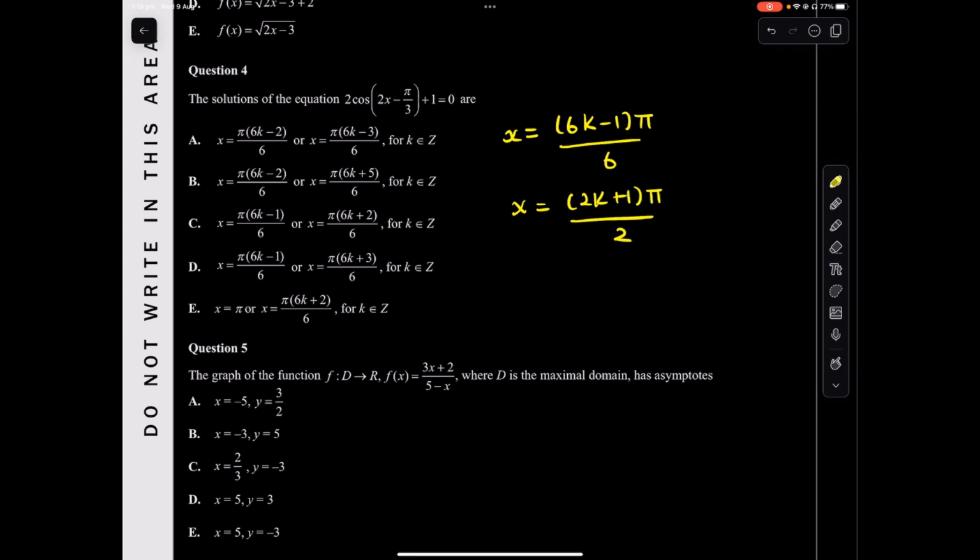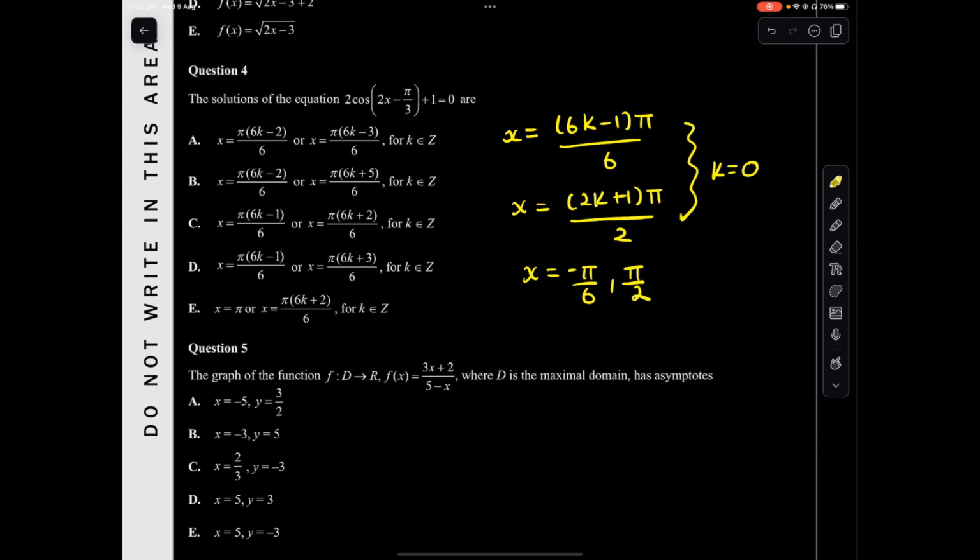Okay, now to know which one of them is the answer, they don't look similar. Like this one over here, it's not in any of those, it doesn't look similar. So the simplest way is to put some values in. For example, let's put in k equal to 0. So when k is equal to 0, we'll get x equals negative pi on 6, and here it'll be pi on 2.